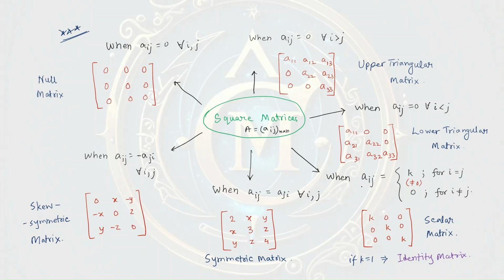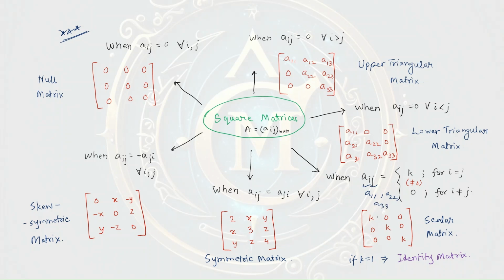Similarly, we can define a case where Aij, the element of the matrix A, is some constant k, which is non-zero for i equal to j. That means i equal to j, like A11, A22 or A33.